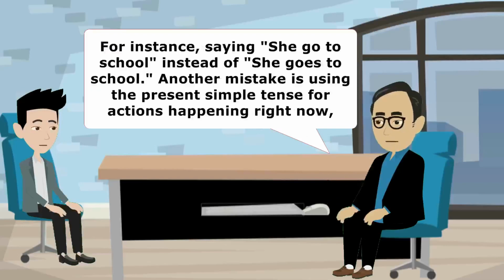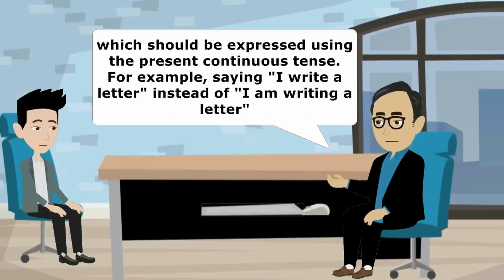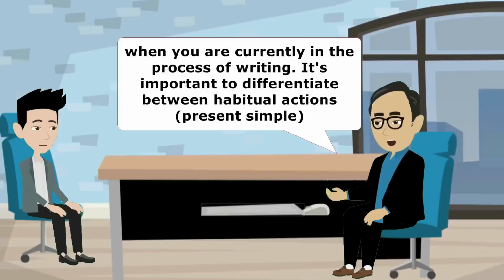For instance, saying "she go to school" instead of "she goes to school." Another mistake is using the present simple tense for actions happening right now, which should be expressed using the present continuous tense. For example, saying "I write a letter" instead of "I am writing a letter" when you are currently in the process of writing.